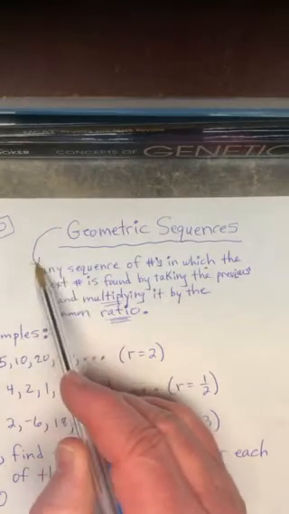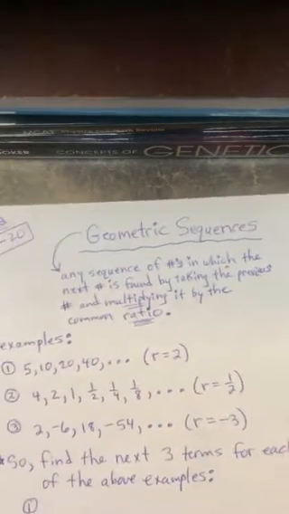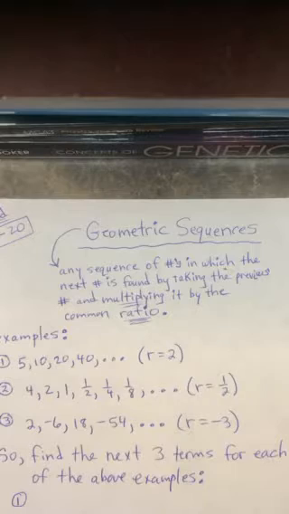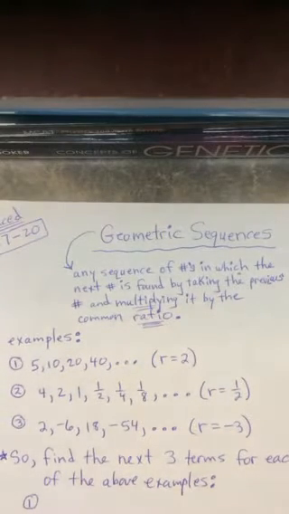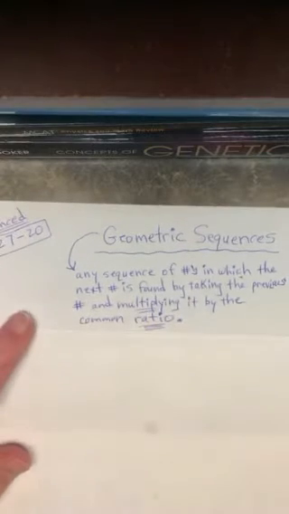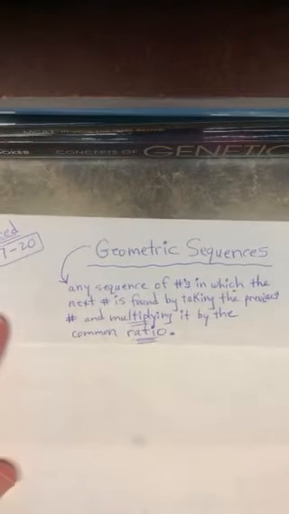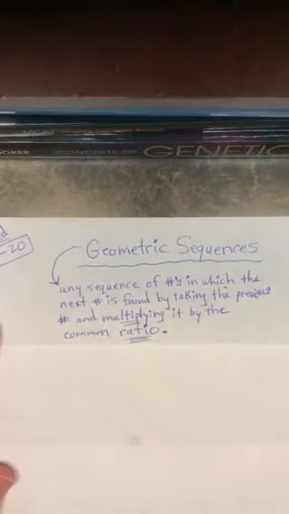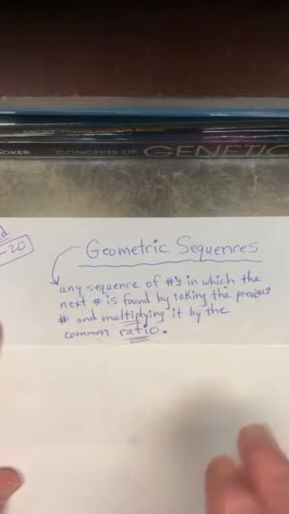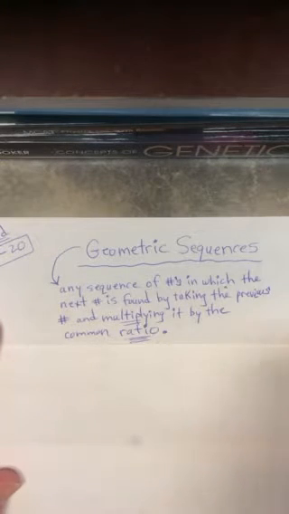Put an arrow down just like we did the other day with arithmetic sequences and write the following important definition. Definition says, any sequence of numbers in which the next number is found by taking the previous number and multiplying that number by the common ratio.